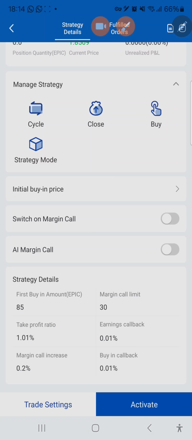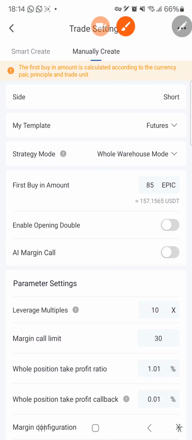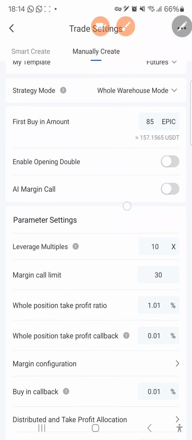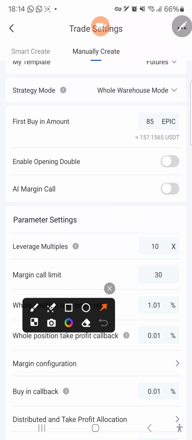Now, of course, so many of you know this from your spot knowledge, we come to trade settings. Here is a problem. Usually you come to manual create. You see this manual create? Here, the biggest challenge is how to determine the first buying amount.